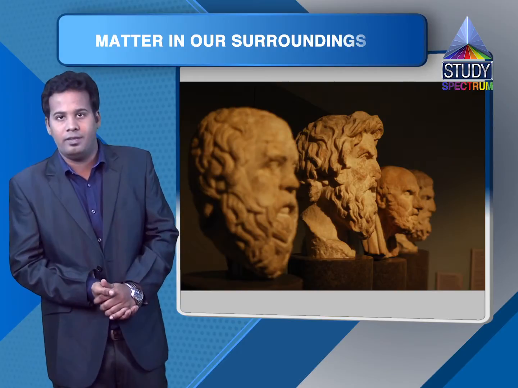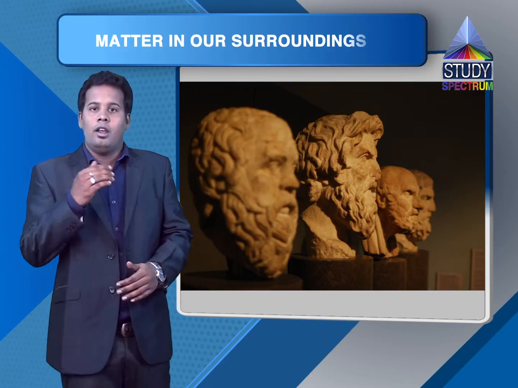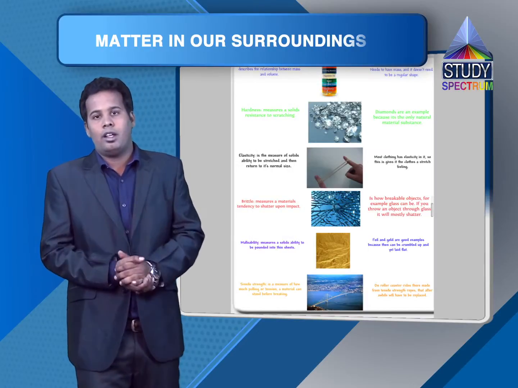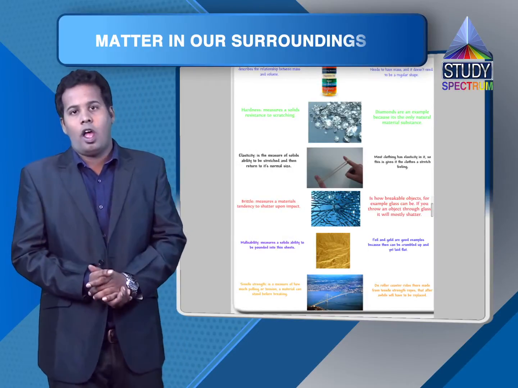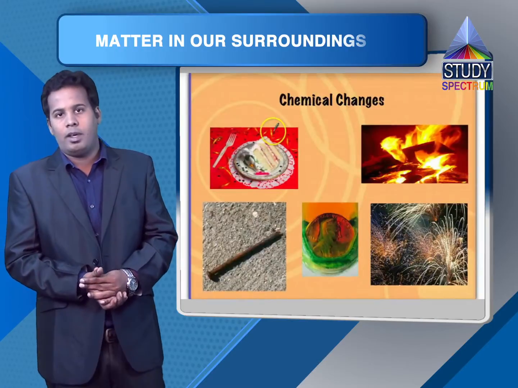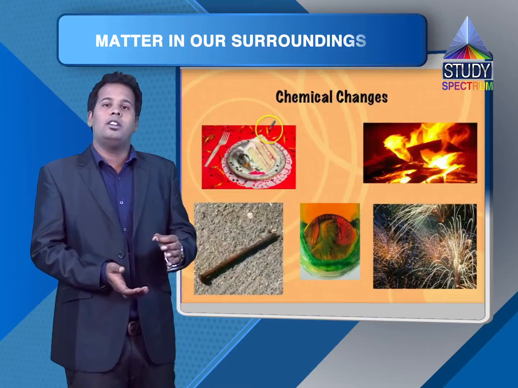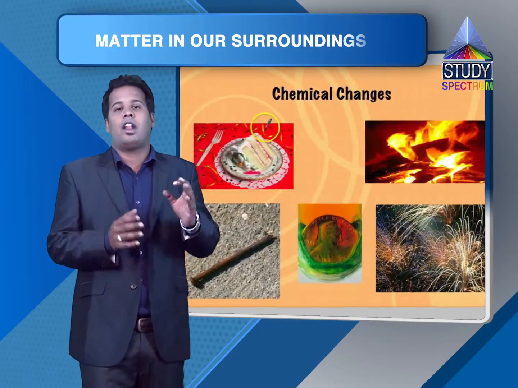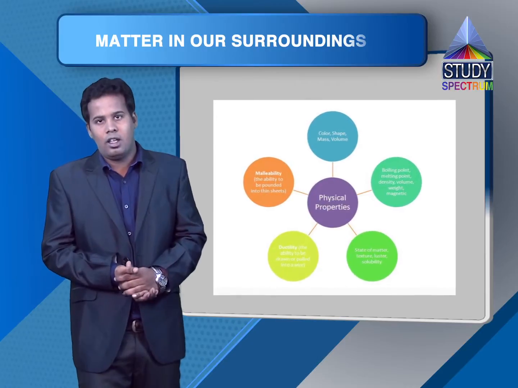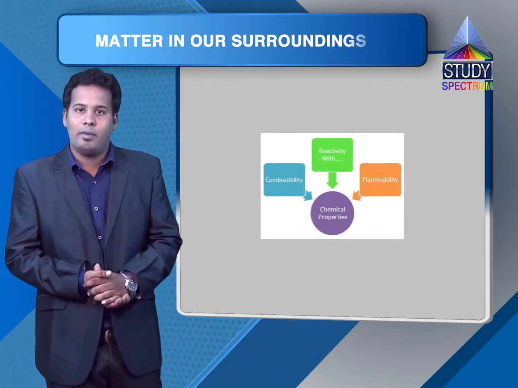In the modern scenario, scientists have classified matter on the basis of 2 factors, that is physical properties and chemical nature.